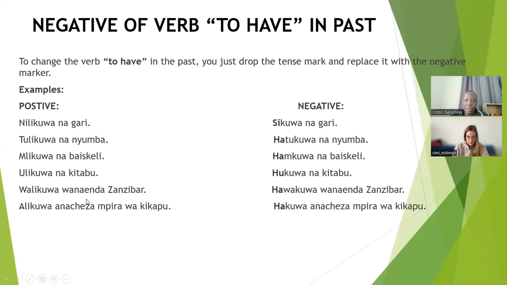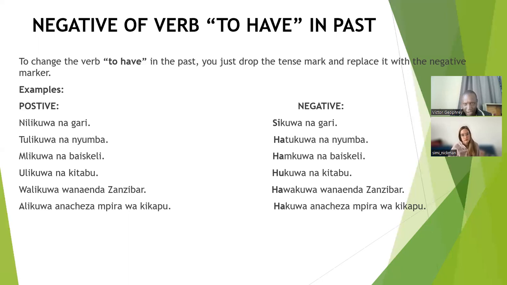If we are changing from positive to negative, the only thing that will change is the assistant verb. The main verb will remain the same. Let me repeat this. Walikuwa wanaenda Zanzibar. Walikuwa is the assistant verb. The main verb is wanaenda. So when you say walikuwa wanaenda Zanzibar, in negative we say hawakuwa wanaenda Zanzibar.